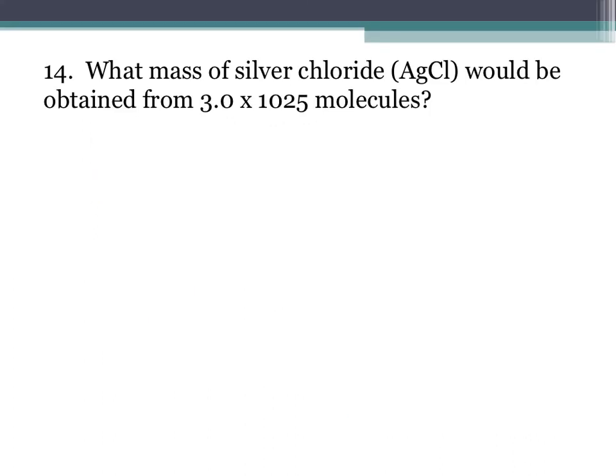All right, so here in our last practice problem, it says what mass of silver chloride would be obtained from 3.0 times 10 to the 25th molecules. So again, here is one of those mistakes that I talked about in the previous slide. Silver chloride is actually an ionic compound, so this should actually say formula units.